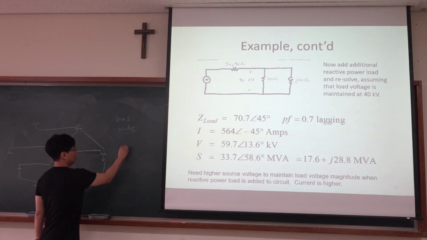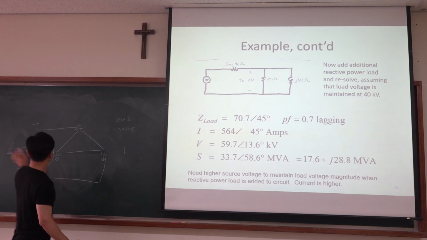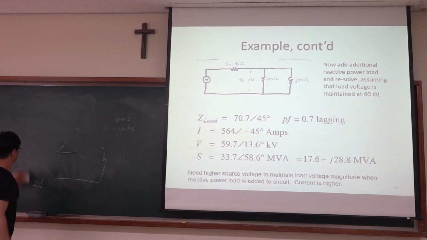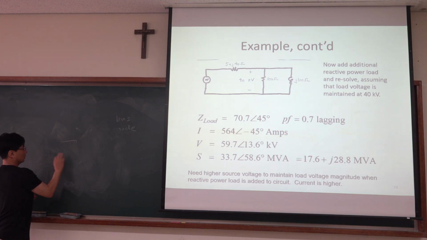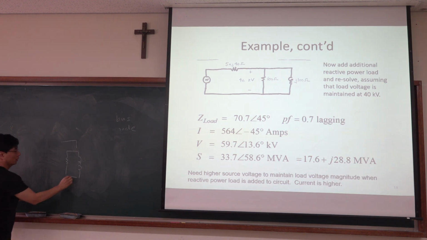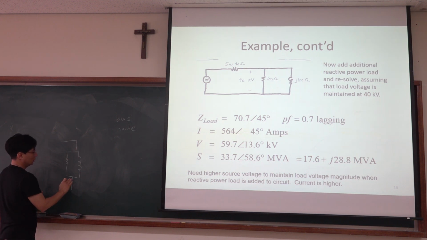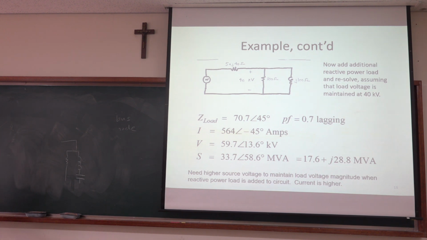That is possible, but the problem is, this is the load side. We have a resistance component and an inductive component. This is our load. It is not impossible to put some capacitor here to improve power factor.